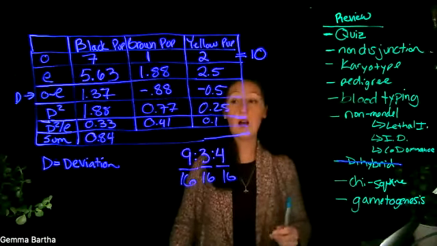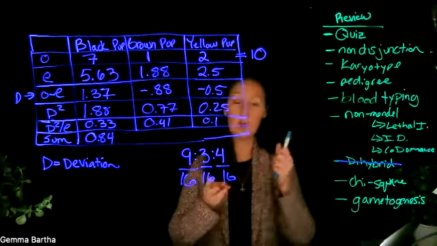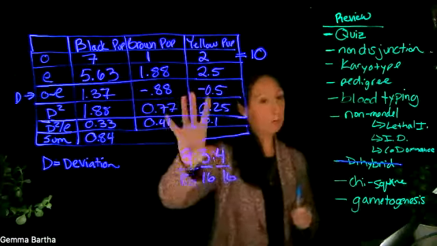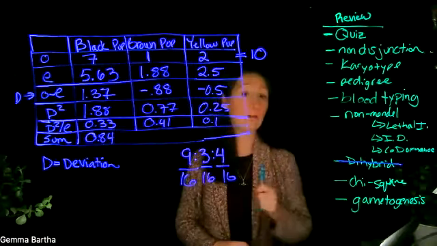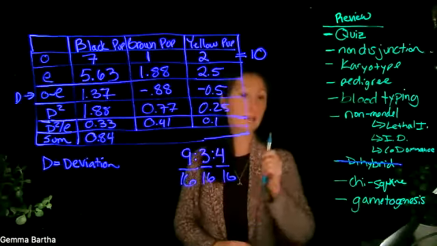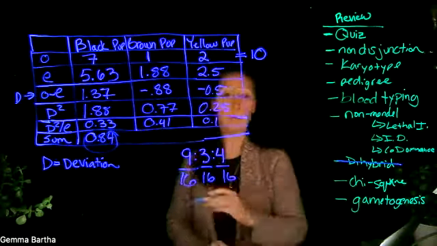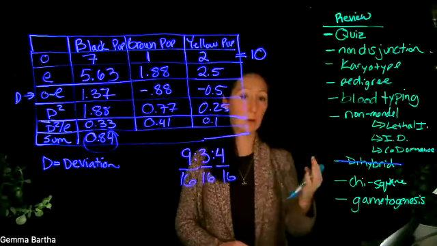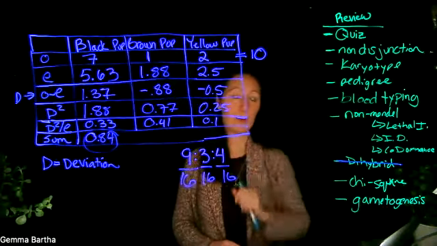That's fine, as long as it had observed and expected, and you talked about inheritance and the problem, I was okay with that. And then whether or not it followed Mendelian law, if this number was below your critical value. Now, how many degrees of freedom do we have for this one?